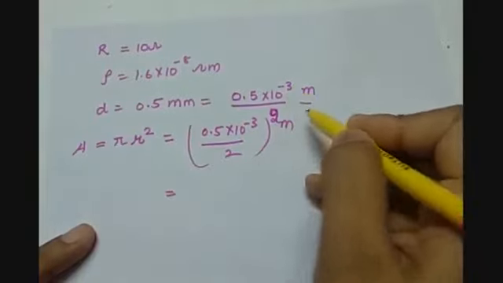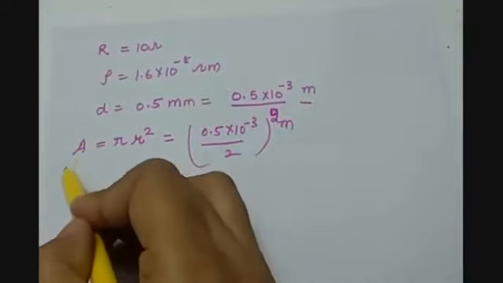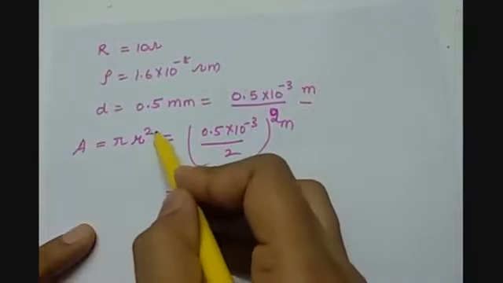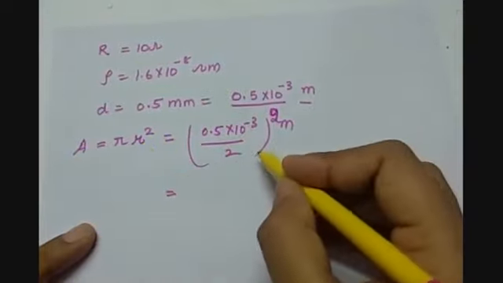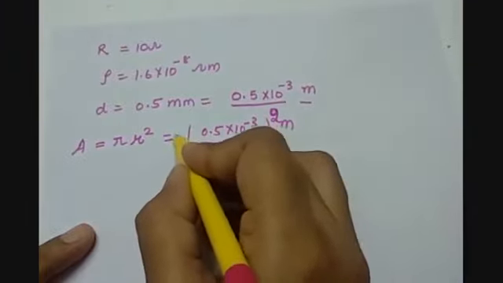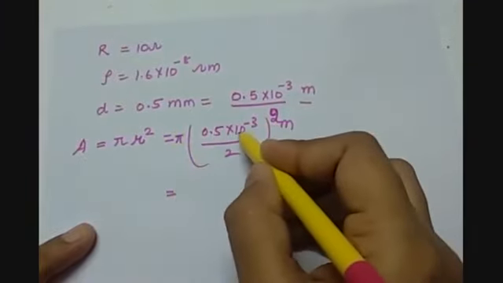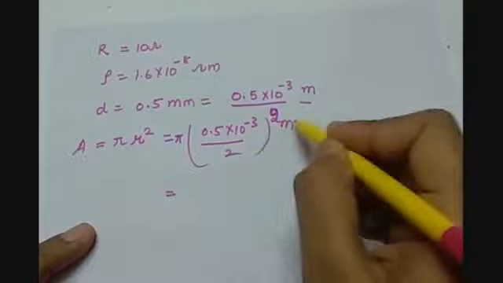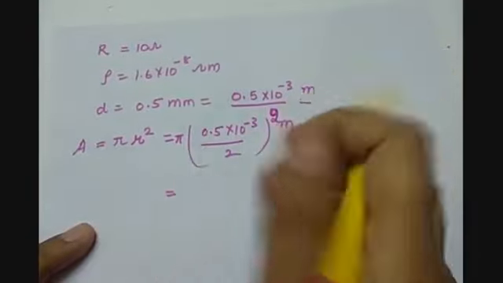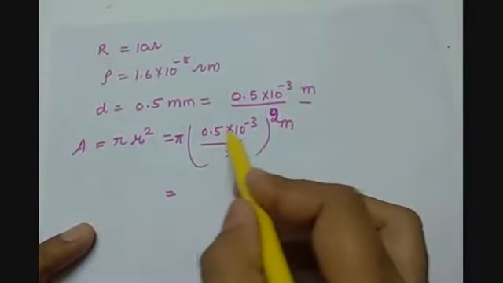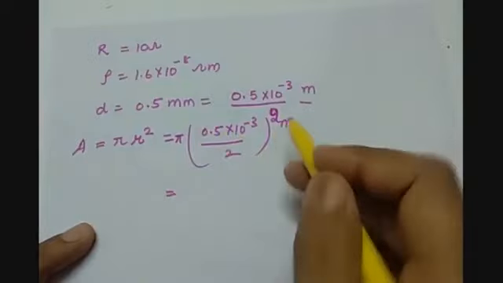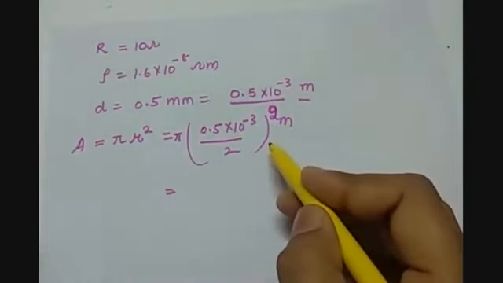So it becomes in meter now. What will be the area of cross section? Pi r square. R will be d by 2, so accordingly we have pi times d by 2 whole square. So this is our area of cross section.